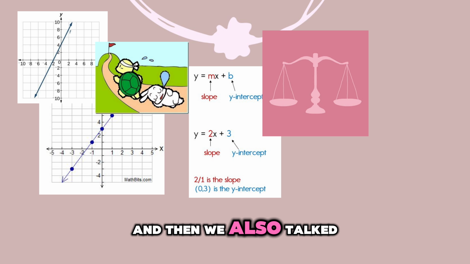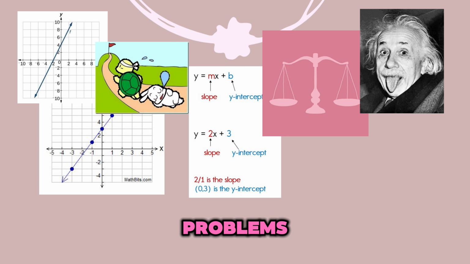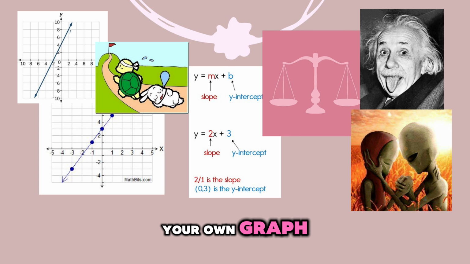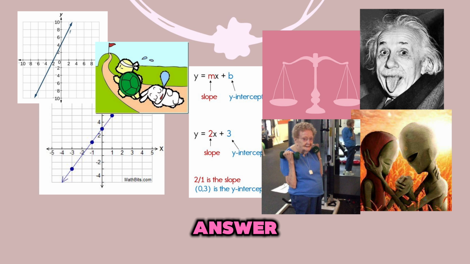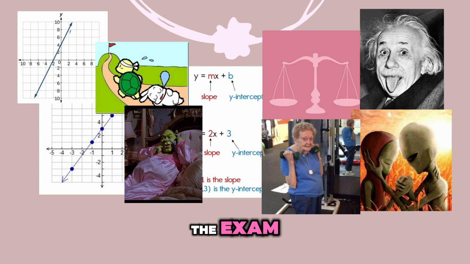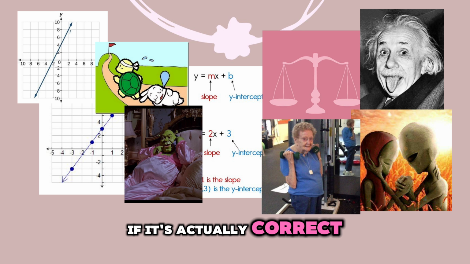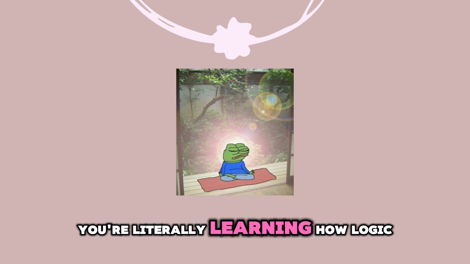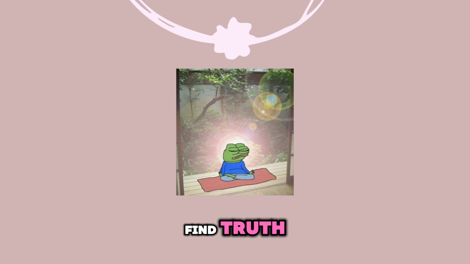Then we also talked about the more advanced ones, when there are word problems and you have to create your own equation. And lastly, always test your answer. Always save 10 minutes of the exam time to go through your answers and test whether they're actually correct. And most importantly, you're literally learning how logic works, how to balance, isolate, and find truth.